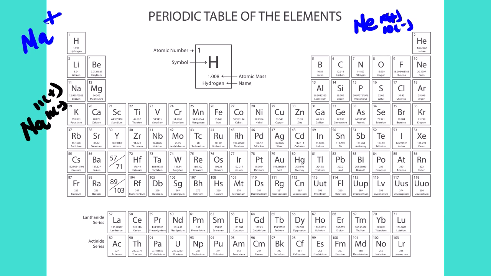So if we have a charge, it means that we are running short of 1 electron. So it simply means that we have 11 protons and 10 electrons. You can see that these electrons are the same as neon. So sodium ion and neon, they are isoelectronic to each other.